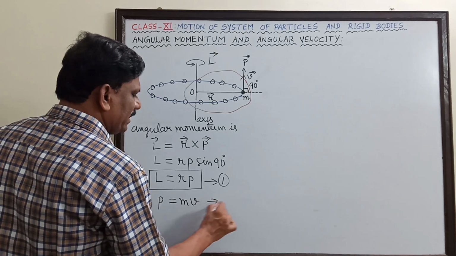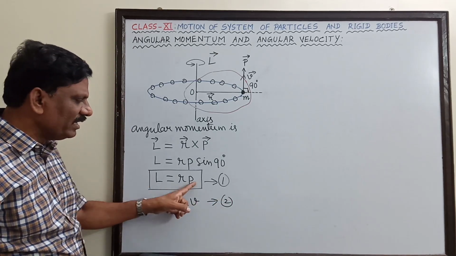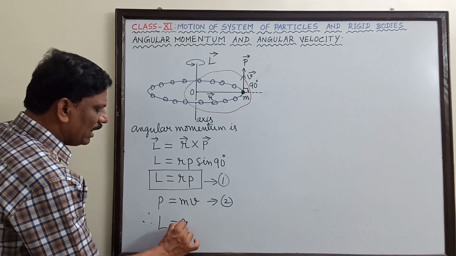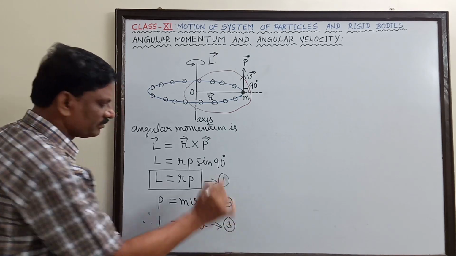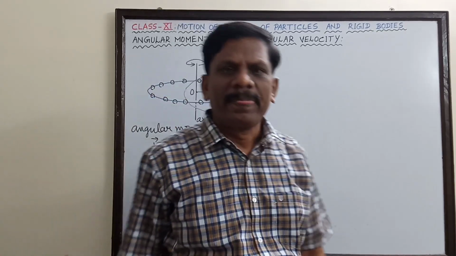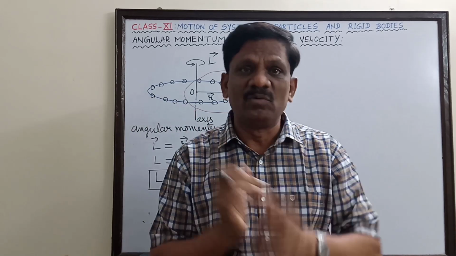So this is the second equation. I am going to substitute P equal to m v in equation 1. Therefore, L is now equal to r m v.